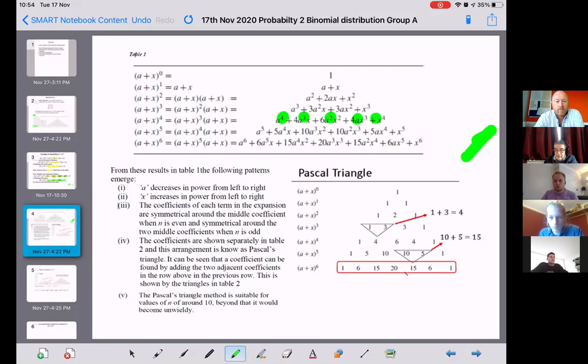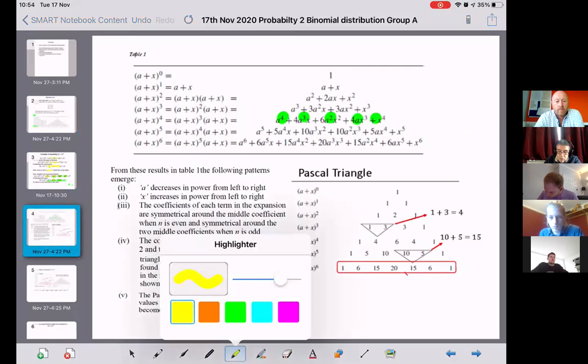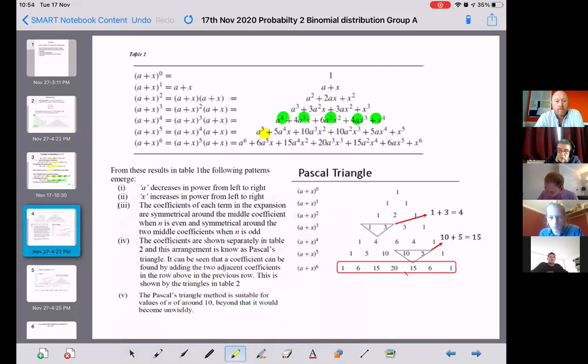So the power of a decreases from left to right at each term. If we take the a plus x to the 5 one and look at the powers of x, in the first term there are no powers of x. Then there's x to the 1, x to the 2, x to the 3, x to the 4, x to the 5. So the powers of x in a plus x increase as we go from left to right.